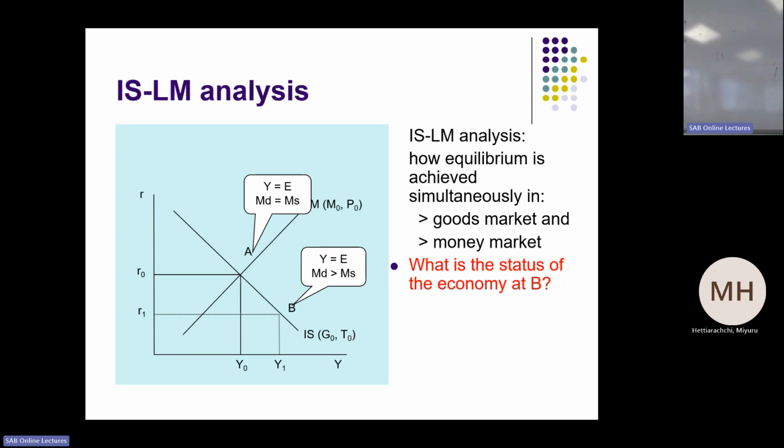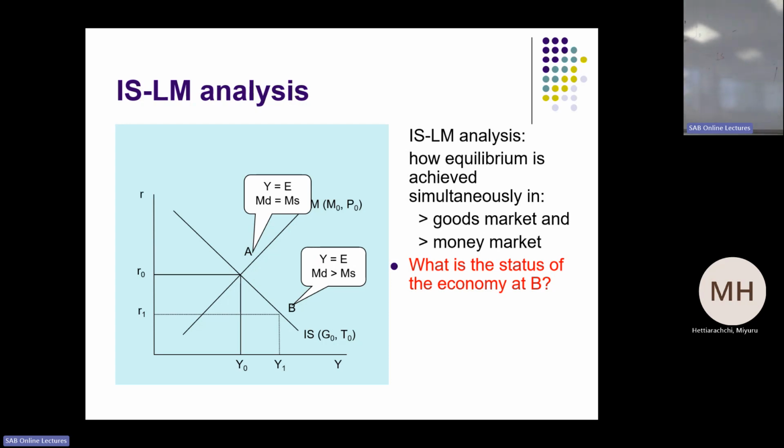ED0 means goods, M means money, right? So since there is excess demand for money, there should be a rise in the interest rate. If there is excess supply of goods, there should be a decrease in income, right?